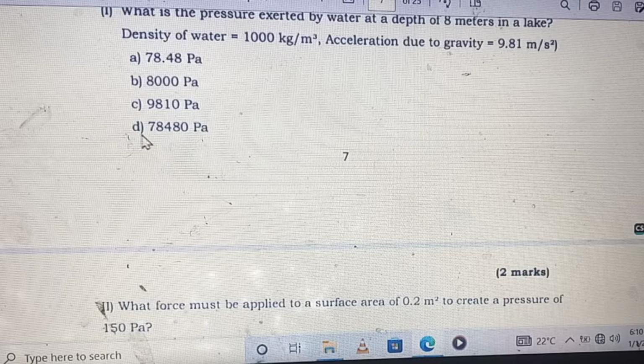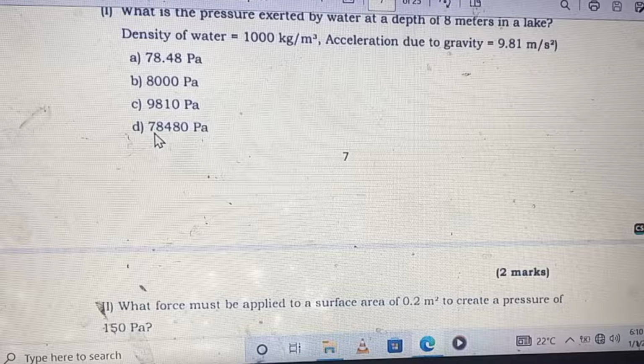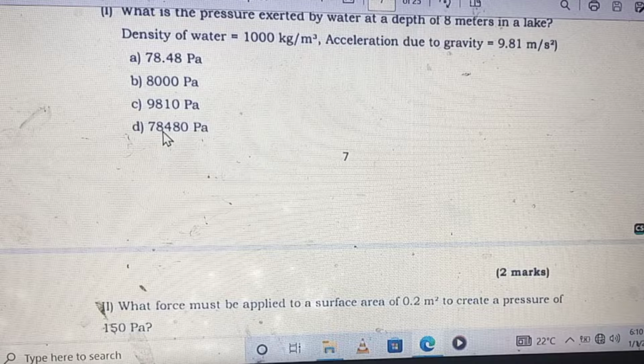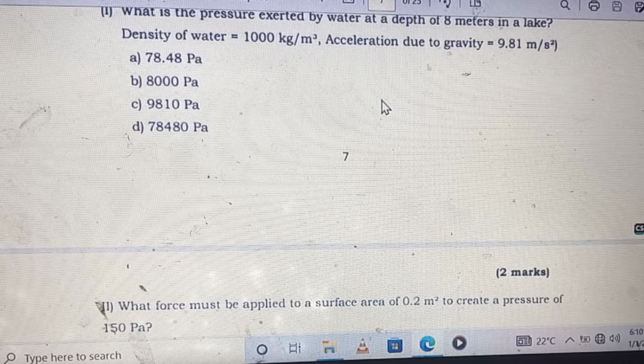The correct option is letter D. 78,480 Pascal. This comes from the formula of pressure equals density times acceleration due to gravity times height or depth.